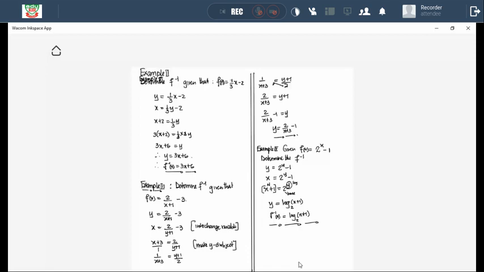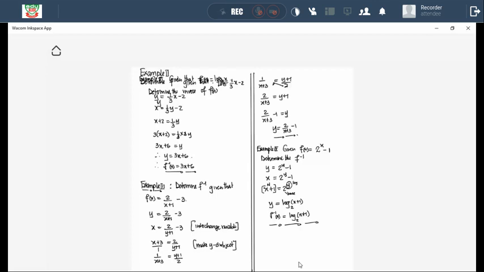Given that f of x is equal to log x base 5, determine the inverse. Determine the inverse of f of x.